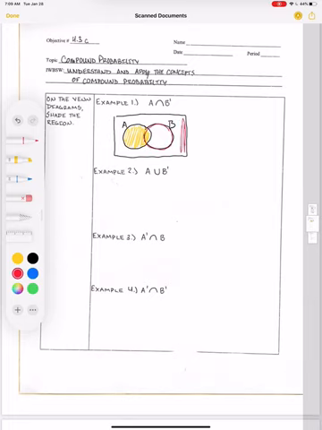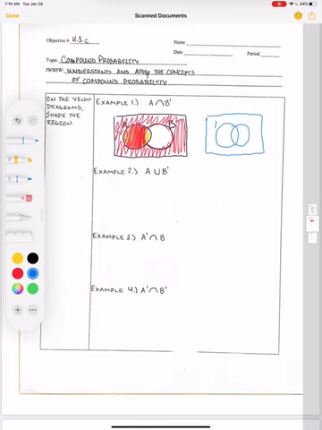So that's going to be all of this, because that's not B. And also everything that's outside of the circle includes what's inside of A. So this is also not B. So where the two things intersect is where the yellow meets the red. So in this case, our intersection of A and not B is going to be right there.